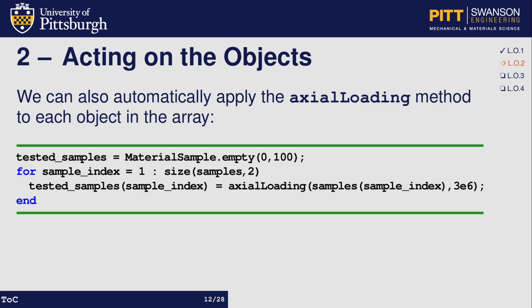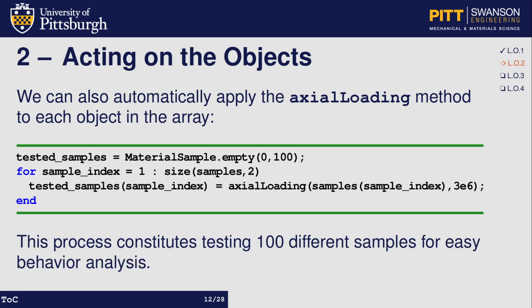I do this by defining an empty array for the post-test samples and then iteratively testing each one inside of the loop. You could totally just operate on the original array and it would work too. This loop constitutes performing tensile testing on 100 different samples for easy behavior analysis. This is much easier than doing the math 100 different times manually.